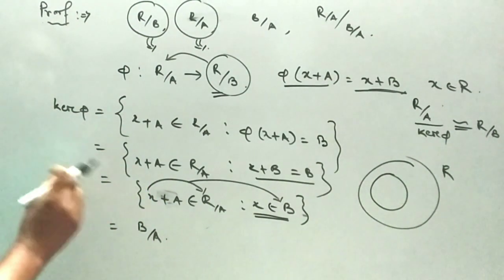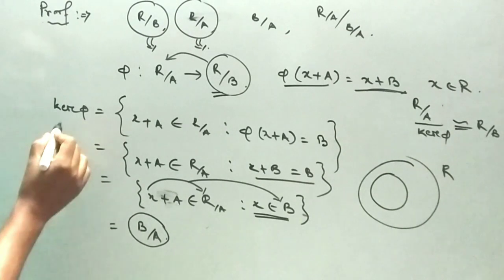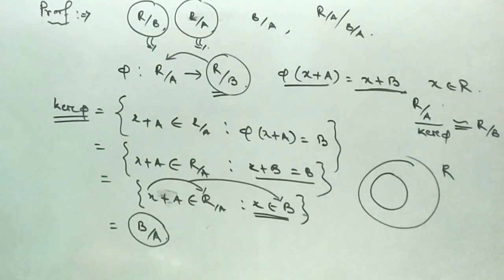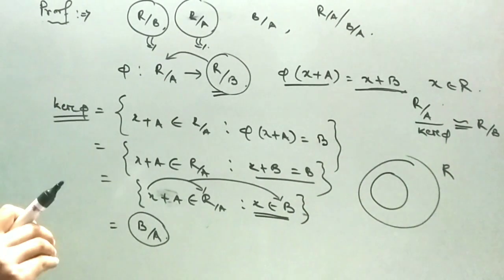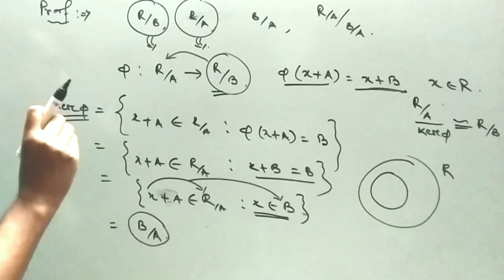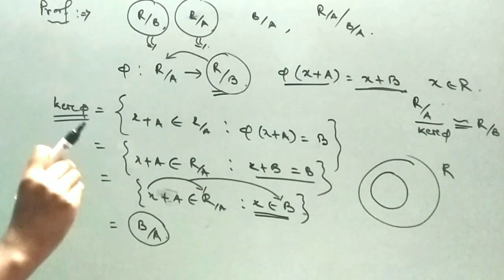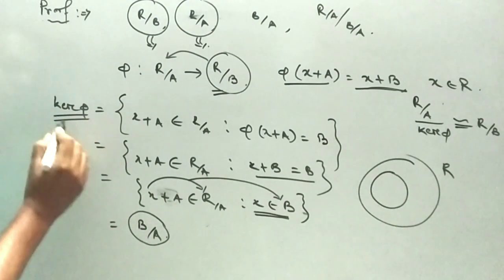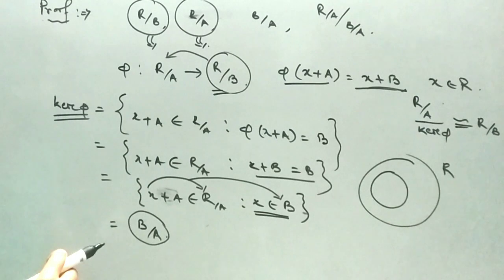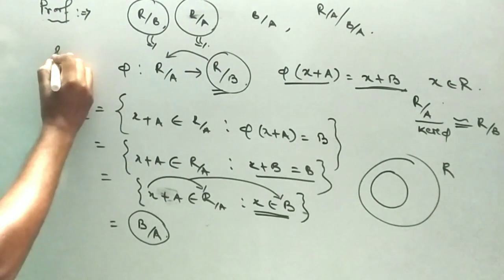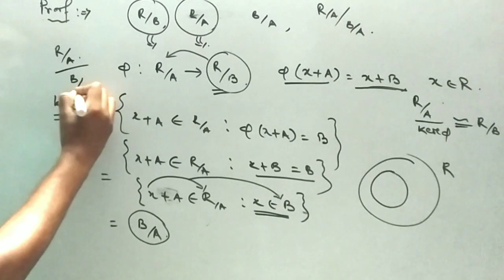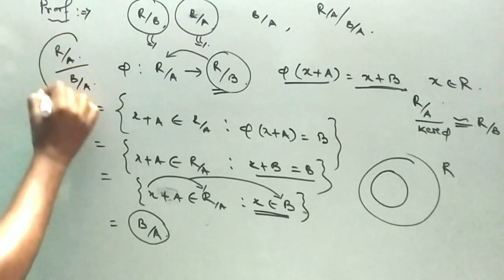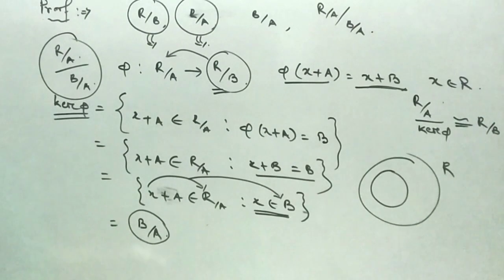And since B/A is the kernel of the ring homomorphism phi, we know that any kernel of a ring homomorphism must be an ideal, right? And since B/A is an ideal, (R/A)/(B/A) must be a quotient ring, that is the quotient ring exists.